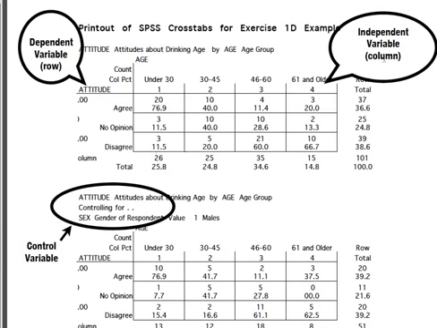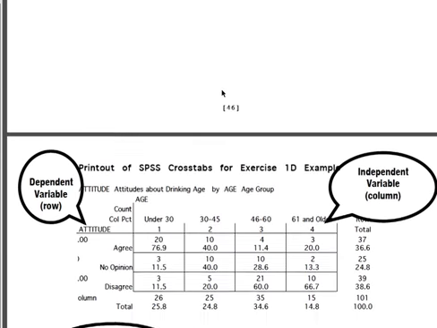And the independent variable in this case is going to be the age. And the control variable, this is really important because this is what you're going to need for your multivariate table.